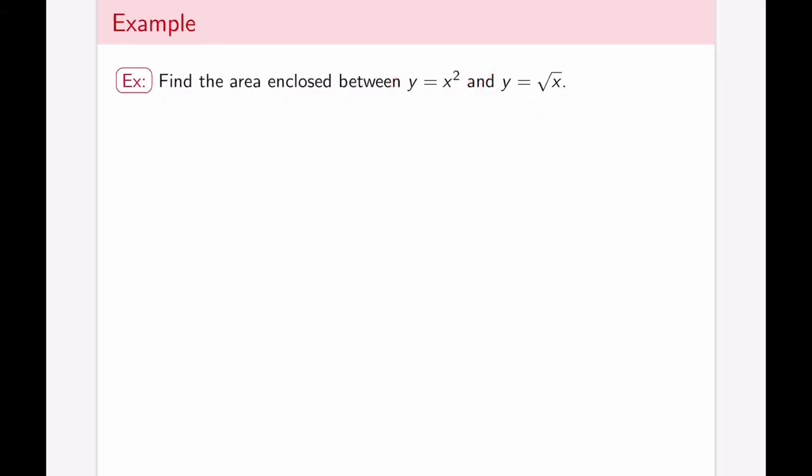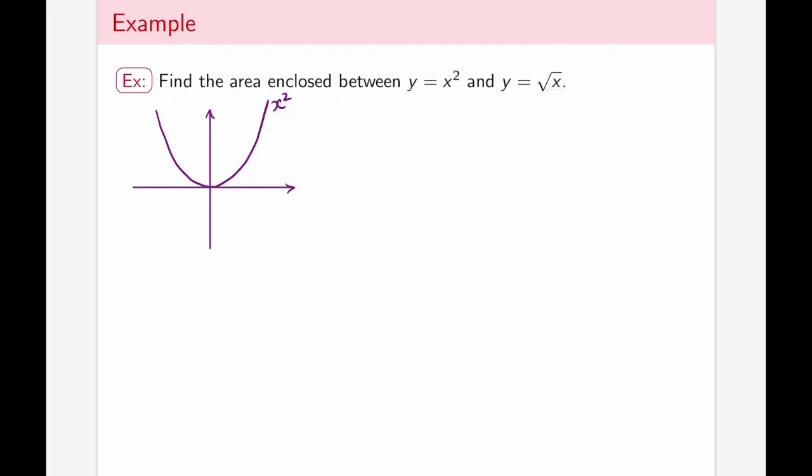So we'll start off by producing, you guessed it, a sketch. So what I have is my sketch here. I'm going to make the most general type available. y equals x squared. So this is my x squared parabola. And my second graph, y equals root of x. Now root of x is actually only defined for positive values of x.